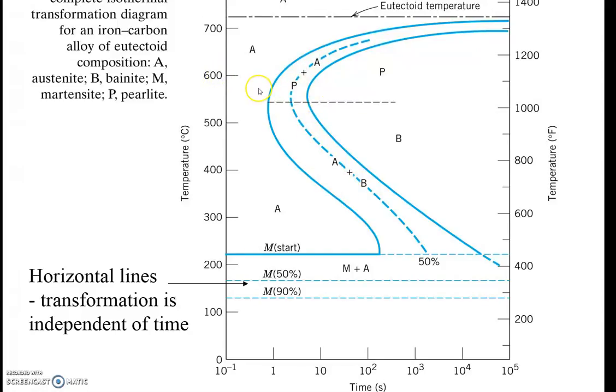Now also, below 550, if you rapidly cool to say 400 degrees and hold for a period of time, the austenite will transform to bainite. So what were the differences between pearlite and bainite?